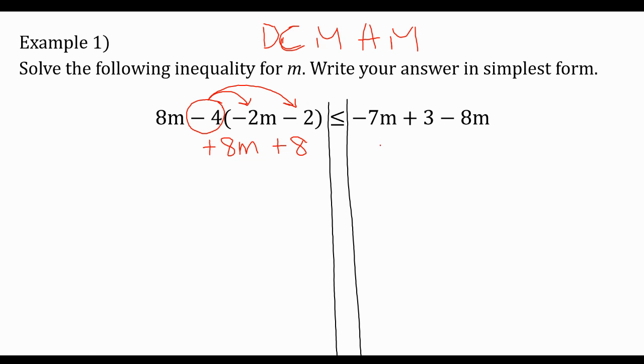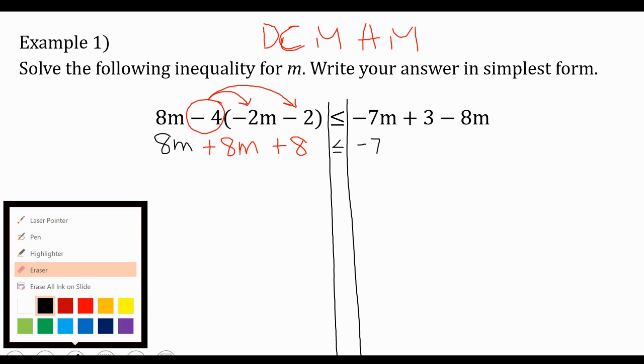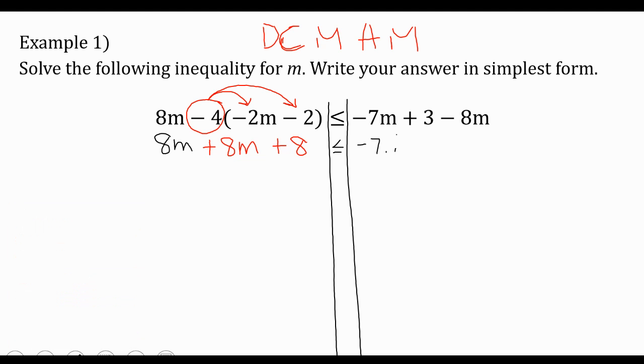And then -4 times -2 is a positive 8. Now I don't have to distribute on this side, so I'm not going to focus on that side right now. And I'm going to just bring down anything that was not used. Bring that down, bring this down, and bring down this entire side of the equal sign. Just make sure this looks correct.